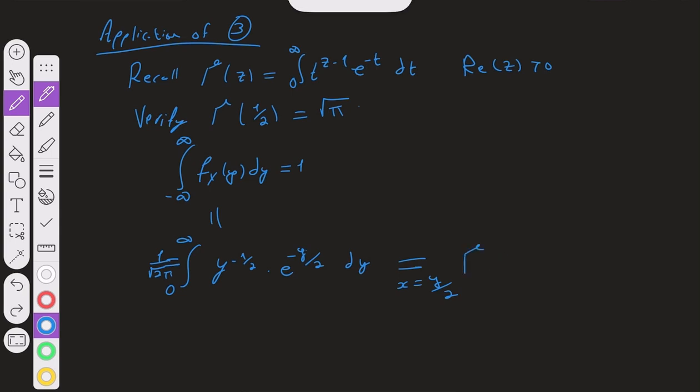Or maybe I should write it this way. It's going to be 1 over square root of pi times gamma at 1 over 2. So after you do this change of variable, this is what we have, and we can just get that gamma at 1 over 2 will be square root of pi. And this is a very interesting thing to observe.